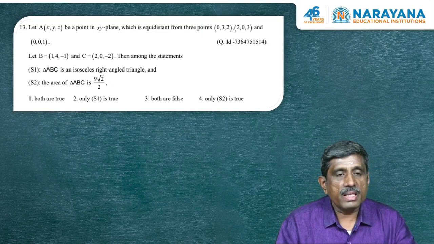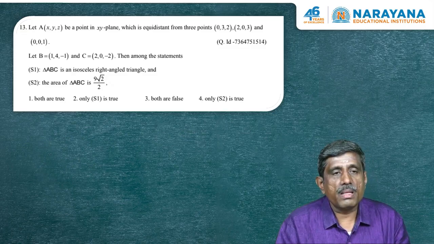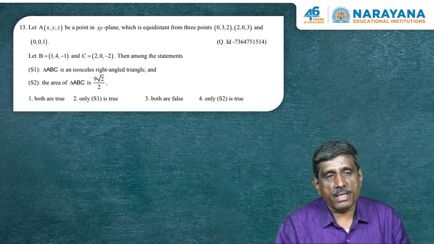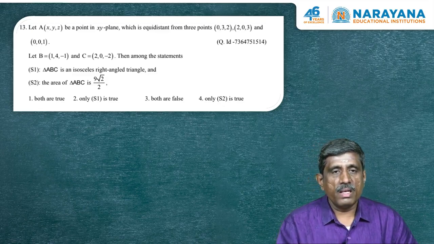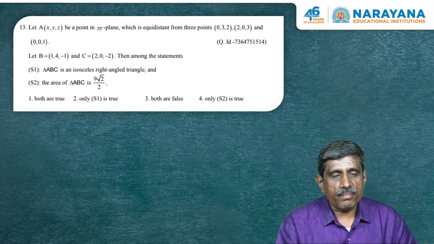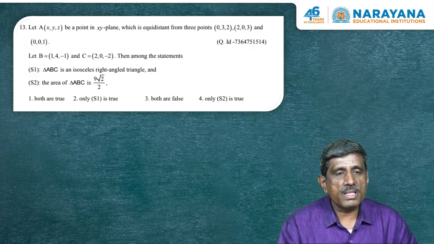Let A of x, y, z be the point in the xy plane. You understand xy plane means the z coordinate is going to become 0, which is equidistant from the points 1, 2, 3, p, q, r. Then the point B is given, C is given; among the statements, which are correct?